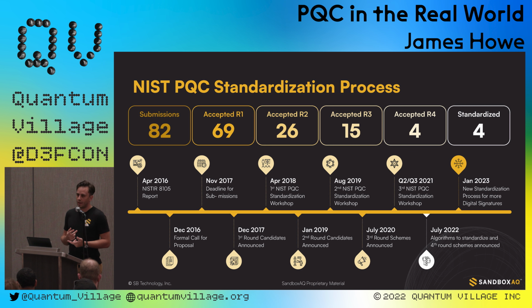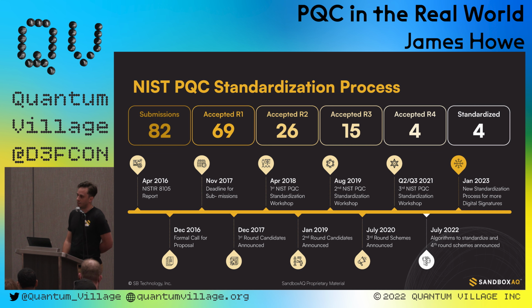But the second and third rounds were more focused on how these schemes perform in the real world. So the code size, how many operations per second we're getting, how big are the keys, how does it perform in TLS, for example.